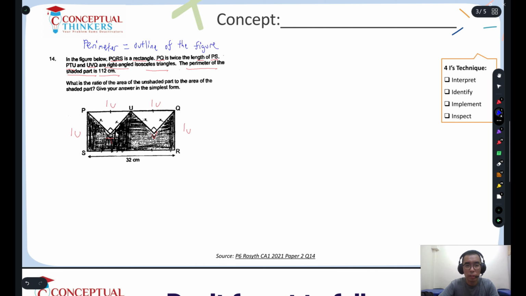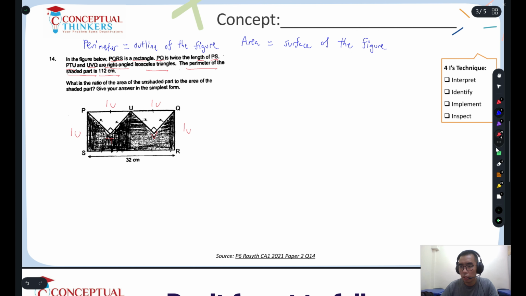Now for area, area is equal to the surface of the figure. If you look at the shaded part, all this black color will be the surface of the shape. So this is what we call the area.